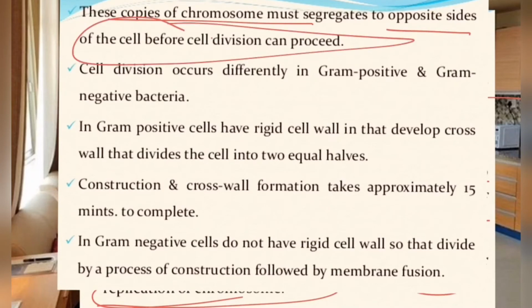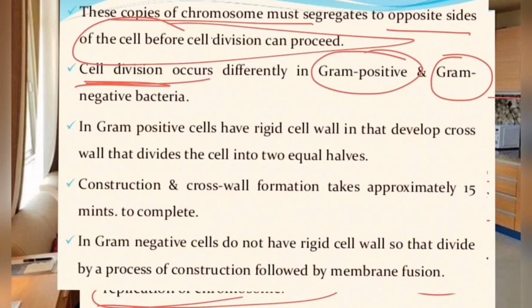Cell division occurs differently in gram positive and gram negative bacteria. This is one of the major steps you can understand. There is chromosomal and cell division in both bacterial strains, gram positive and gram negative, but they are different. How do they differ?